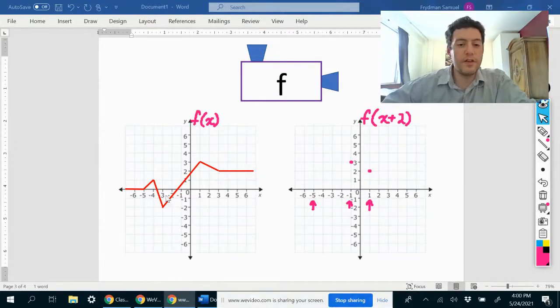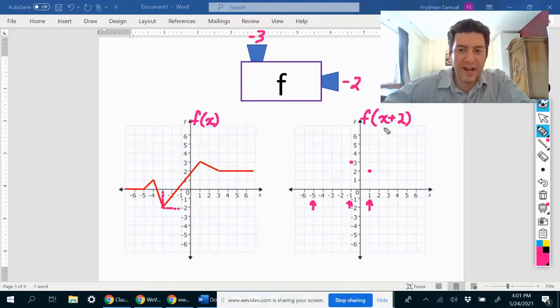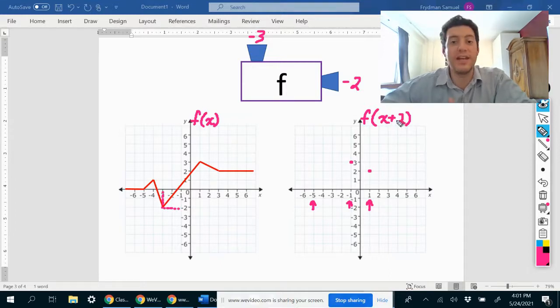This graph over here tells us what would happen if we put -3 into the function machine. And according to this graph, the function machine would give us -2 out. So if our x is -5, and then we add 2 to it, we would get -3.